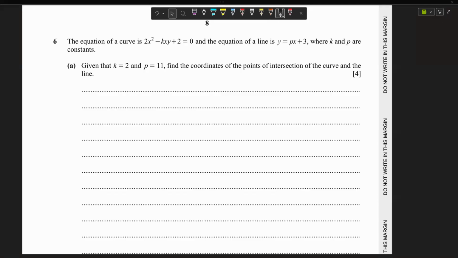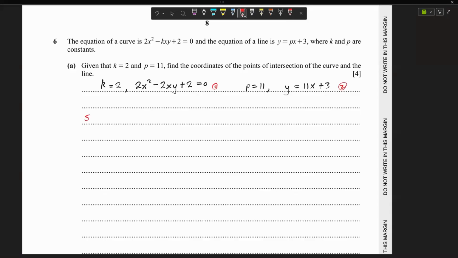All right, so when k is 2, it means that we have 2x squared minus 2xy plus 2 equal to 0. And when P is 11, it means we have y is equal to 11x plus 3. So we have these two equations, equation 1 and equation 2.